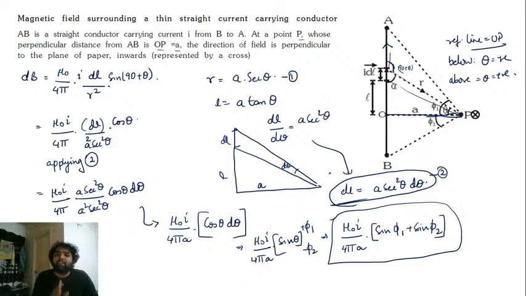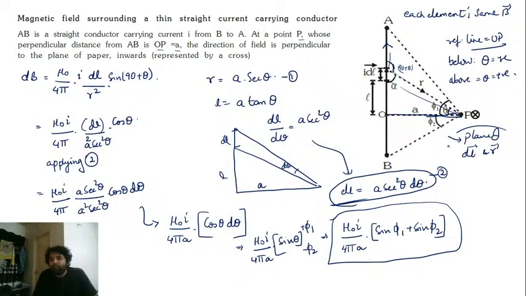And one more thing, everywhere the direction of current is fixed and the r vector is changing. So if you observe dl cross r, each and every element will have the same direction of field, because this is the plane of dl vector and r vector, and we know the magnetic field will be perpendicular to the plane of dl and r.